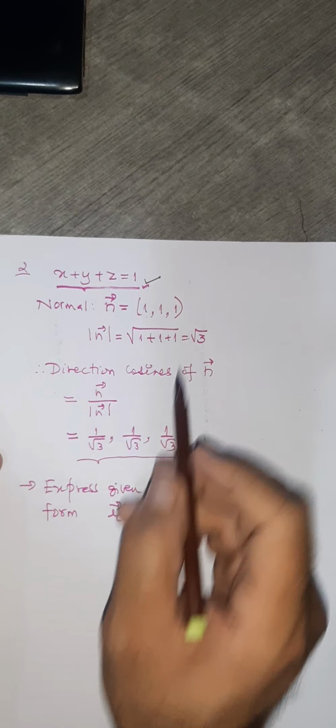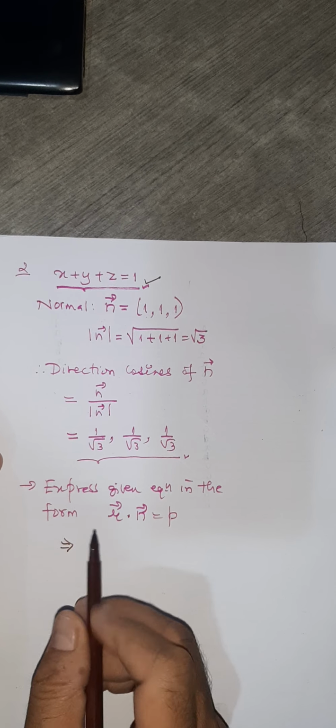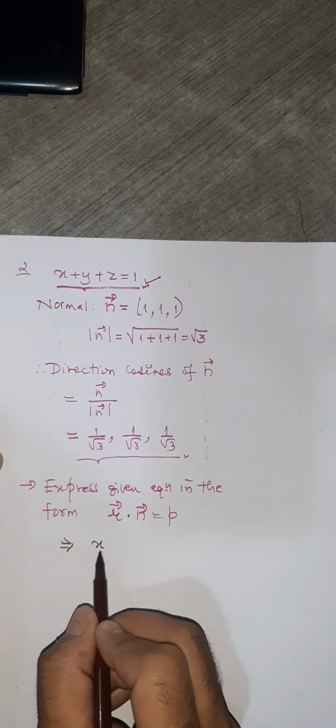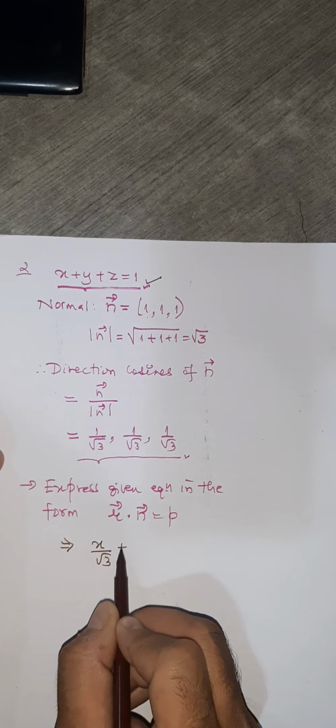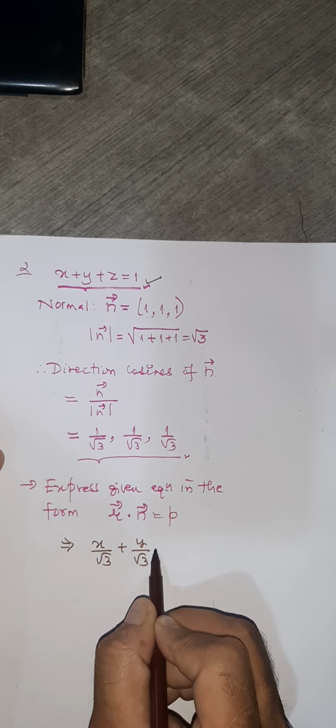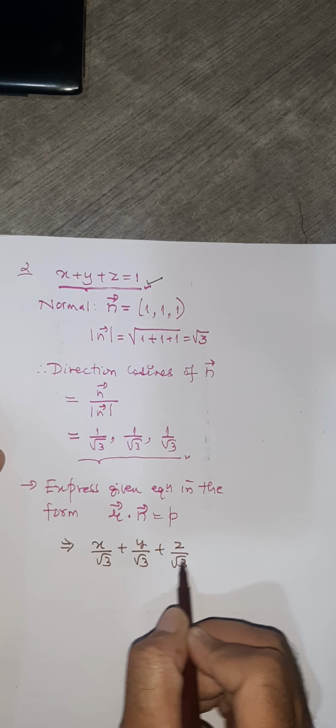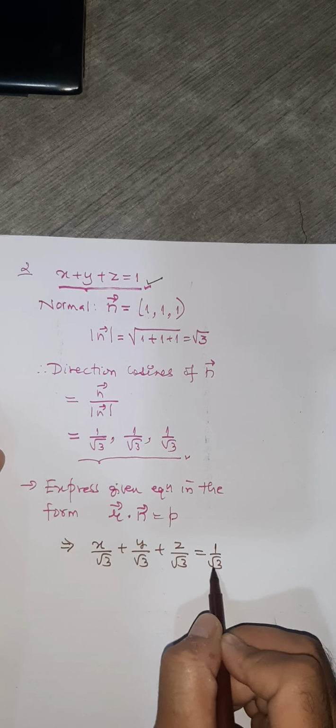So I'll divide this equation by root 3 on both sides: x by root 3 plus y by root 3 plus z by root 3 equals to 1 by root 3.